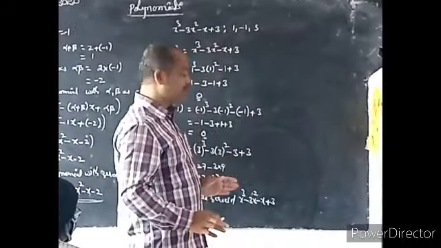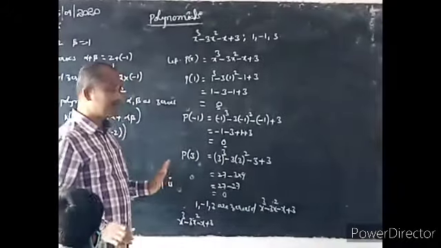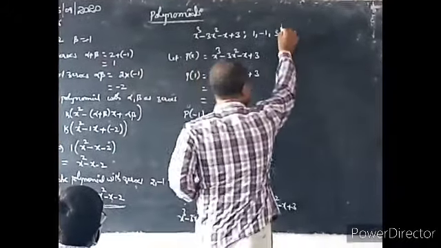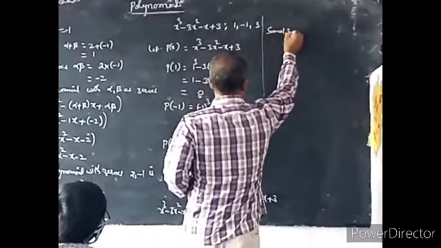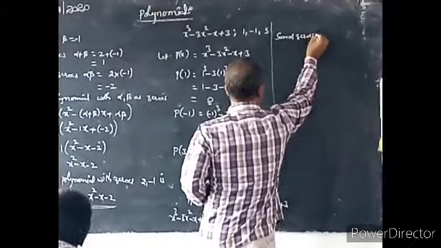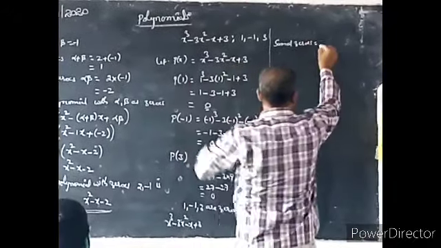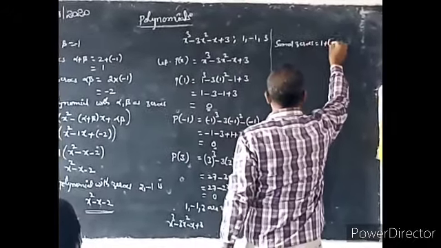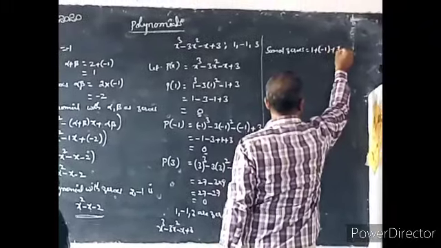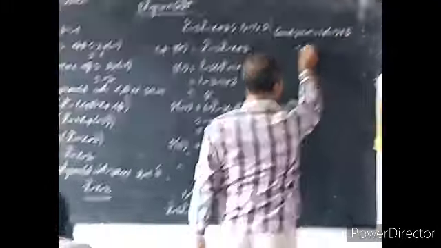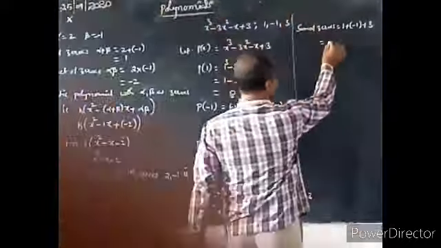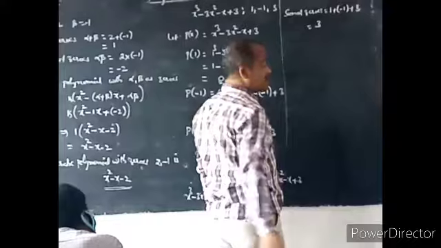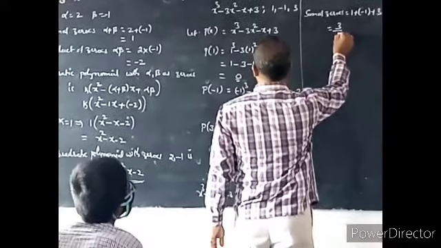Okay now, will that be satisfied or not? Once check. Now sum of zeros. What are the zeros here? 1 plus minus 1 plus 3. 1 minus 1 is 0. What remains? 3. 3 can be written as 3 by 1.